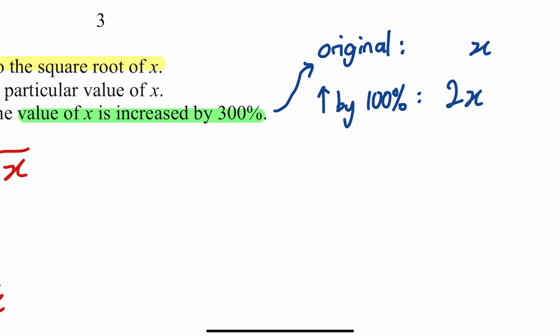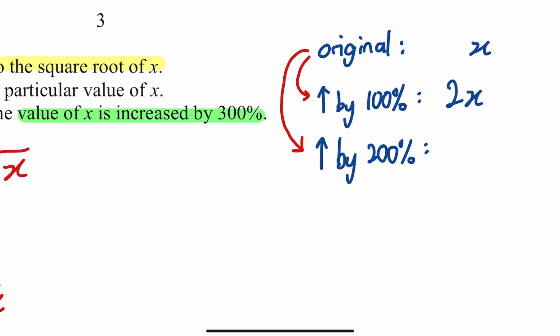So it will become 2x. Let me do it step by step, maybe I'll draw arrows so it's clearer. Now I try again from the original x. Now I increase by 200%. How many of the x do you think I would have?